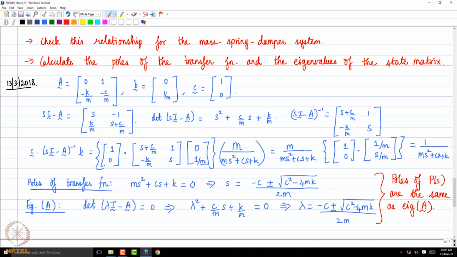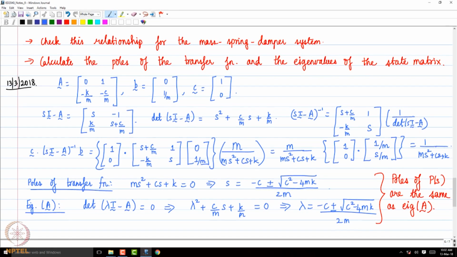So this is the realization. The matrix A, the vector B, and the vector C are these for the mass spring damper system. These are quantities which you already derived yesterday. So if you just work it out, calculate sI minus A and then sI minus A inverse. Of course, sI minus A inverse is going to be this multiplied by 1 by determinant of sI minus A, right?